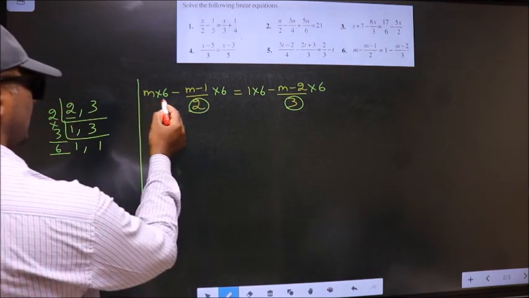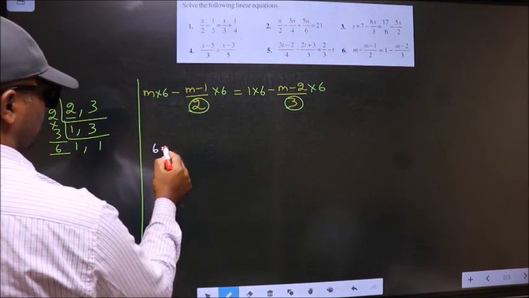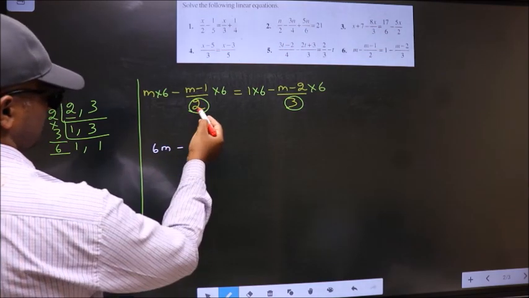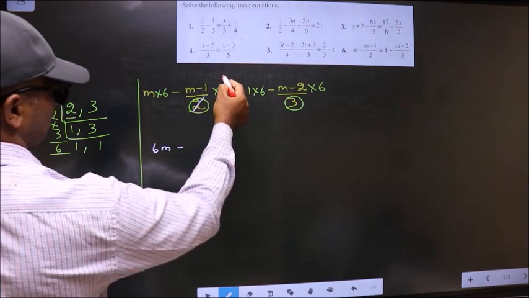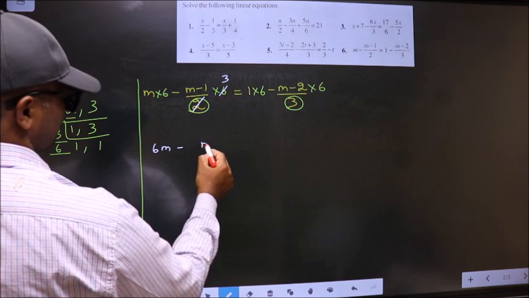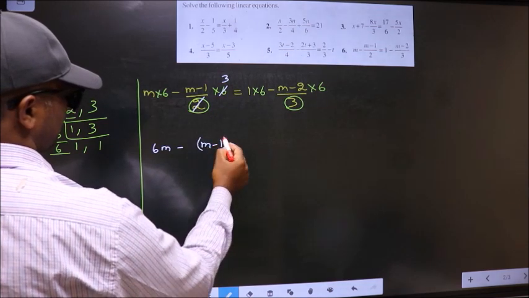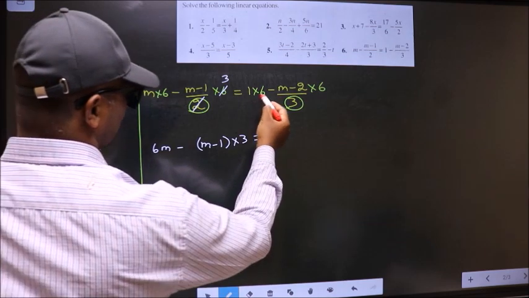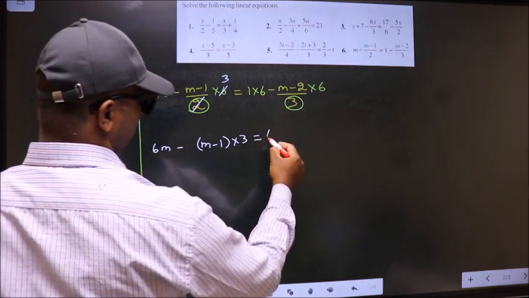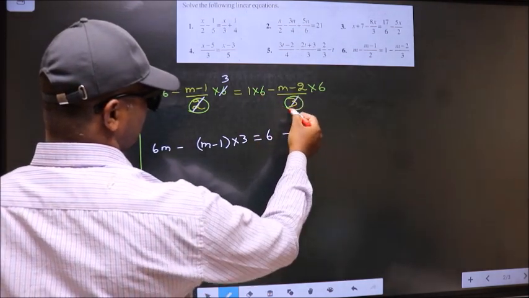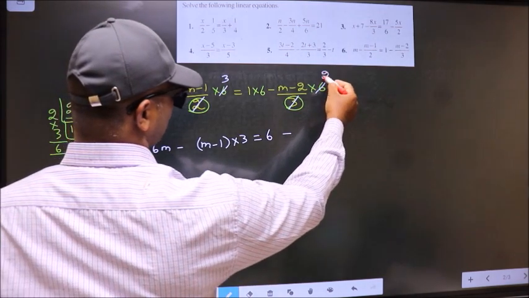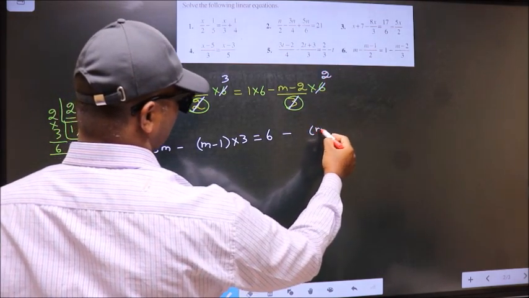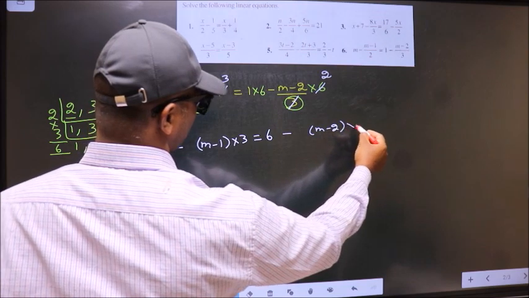Now here we get 6m minus, here you cancel out 2 1s, 2 3s. So we get m minus 1 times 3 equal to 1 into 6, 6, minus, here you cancel out 3 1s, 3 2s. So we get m minus 2 into 2.